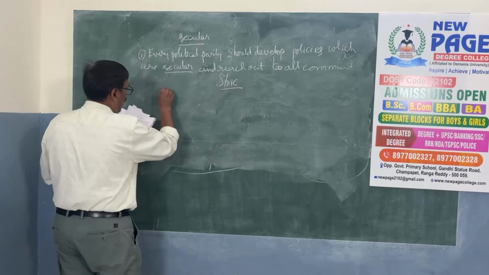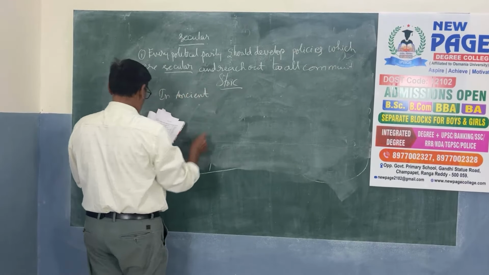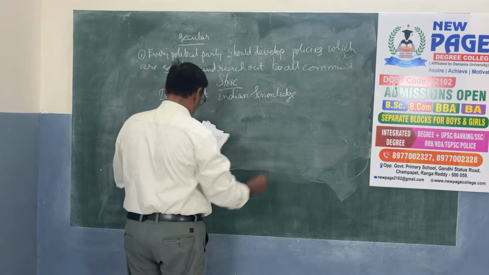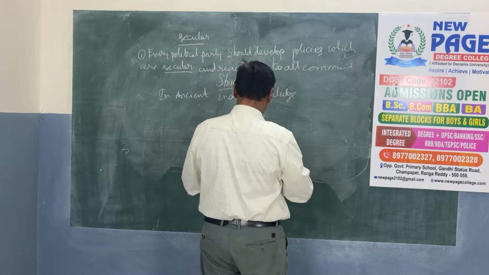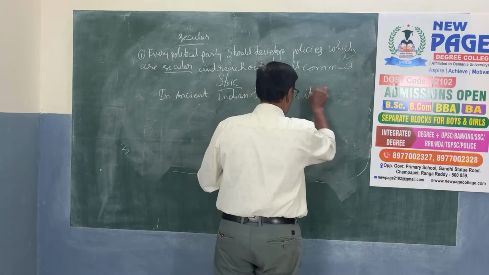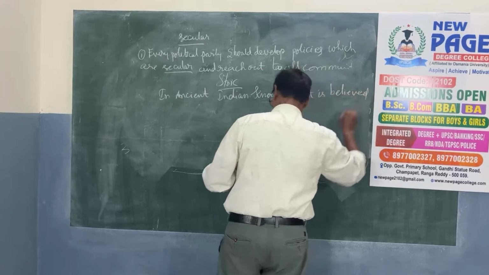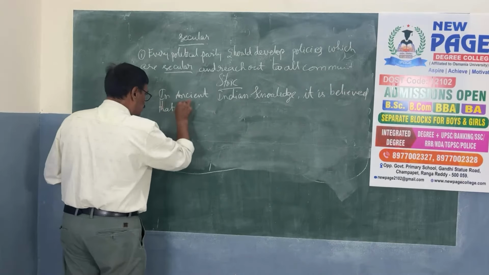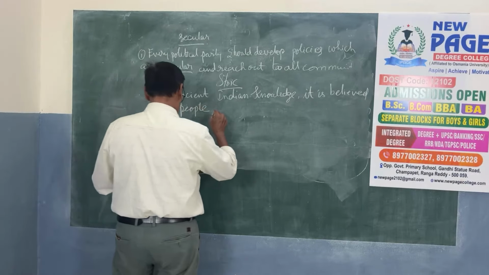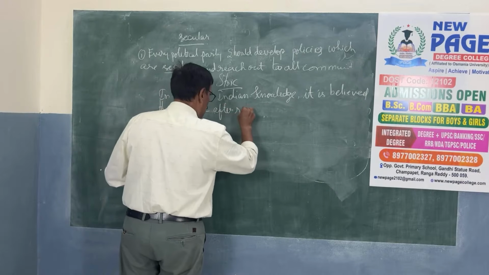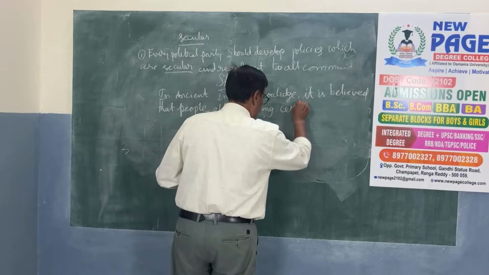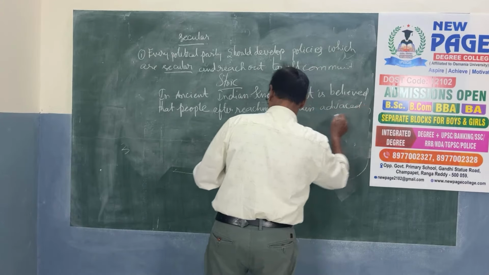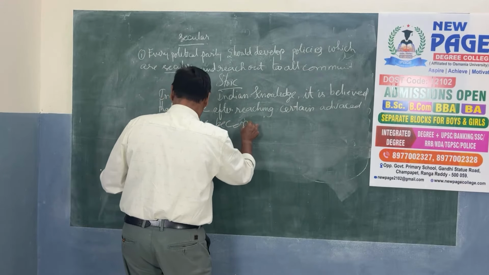In ancient Indian knowledge, it is believed that people after reaching a certain advanced age become what is called stoic.